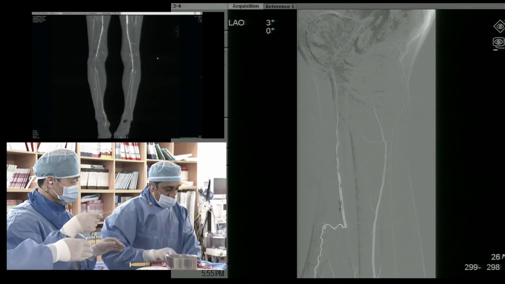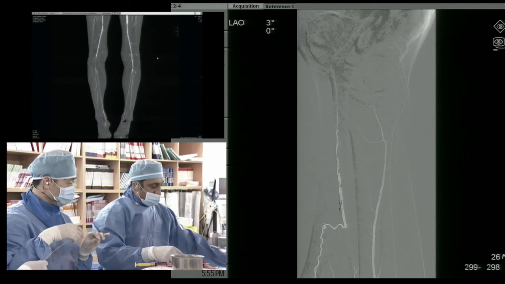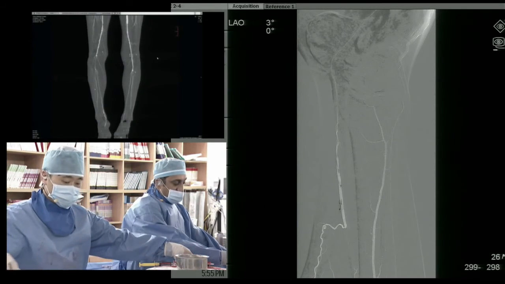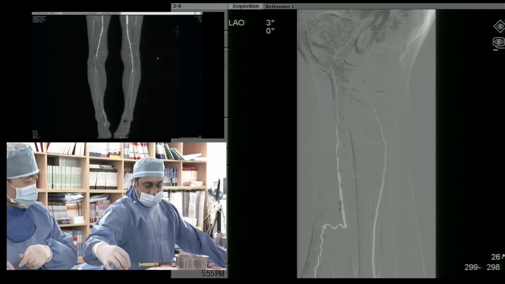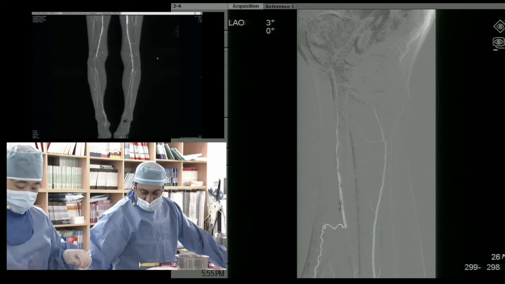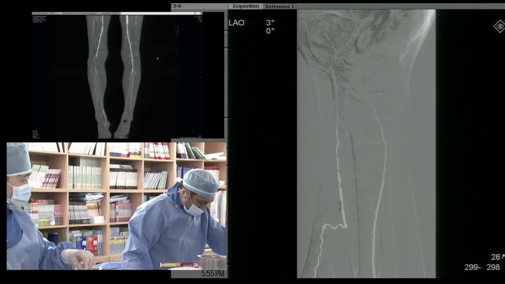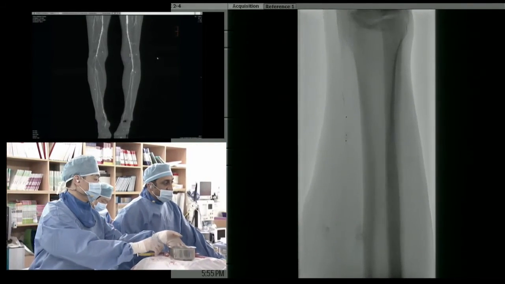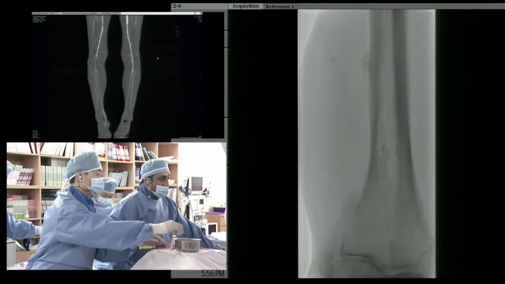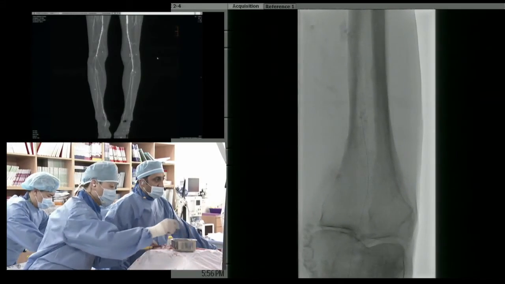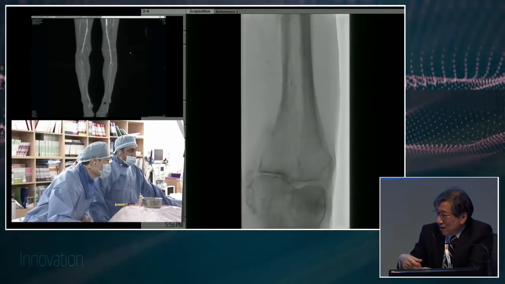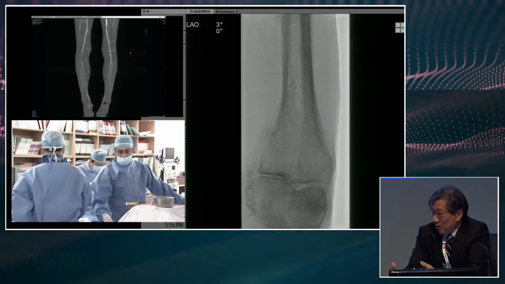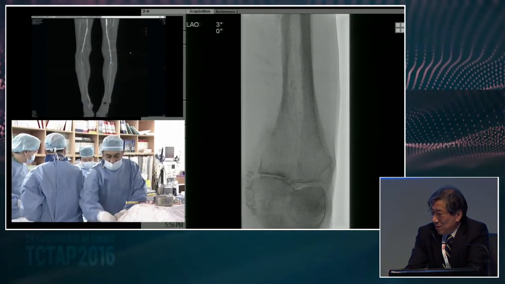All right, so we hopefully can go in now with our Turbo Hawk. Why do I prefer OTW balloons over mono balloons? With OTW, I can inject dye and keep a wire. With mono, each time they have to remove the balloon systems and cannot inject distally, we can't get the information of the distal vessels.